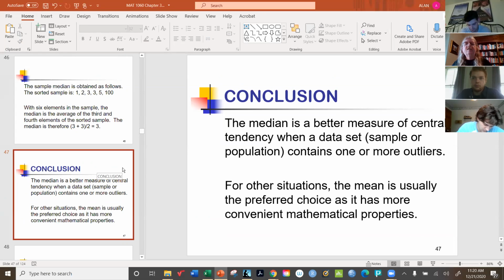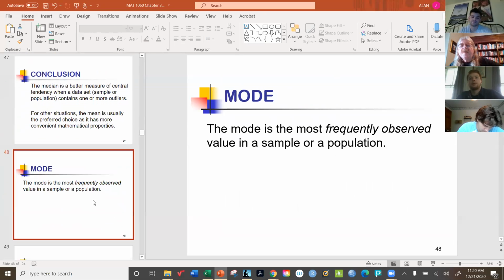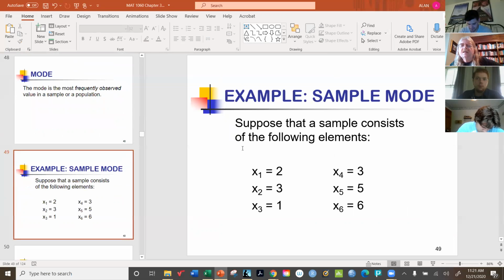Now, the third and final measure of central tendency we'll be considering here is the so-called mode. The mode is the most frequently observed value in our sample or population. It turns out the mode isn't always terribly useful, especially with numerical data. But let's see how it's calculated. Let's take a look at the sample mode. Here's a sample with the following elements.